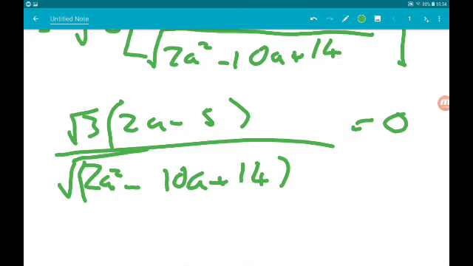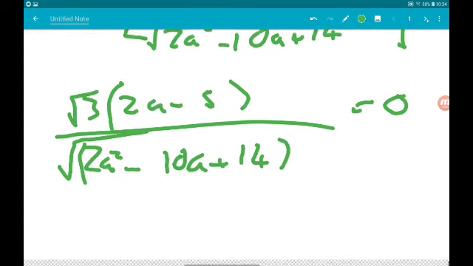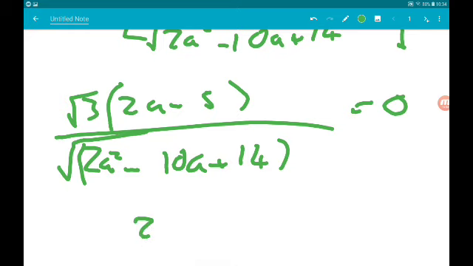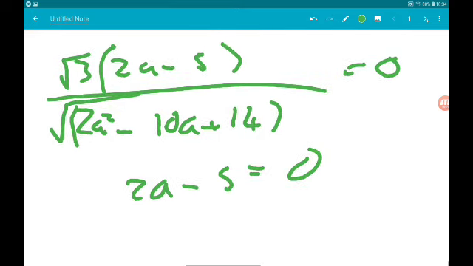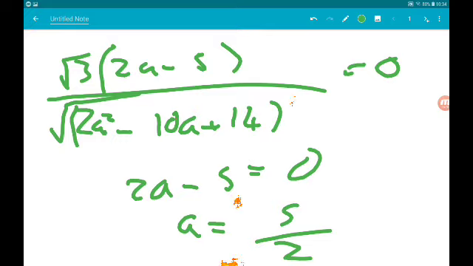So multiply through by the bottom, that disappears, divide through by the root 3, that disappears, 2a add minus 5 is equal to 0, add 5, divide by 2, a is 5 over 2. Result.